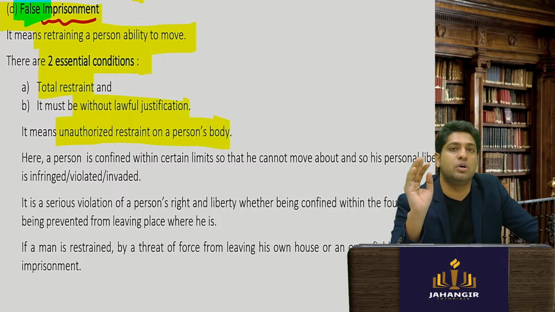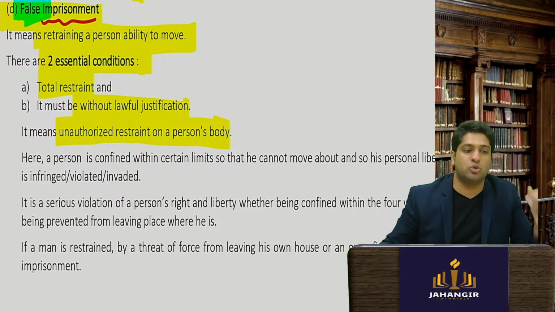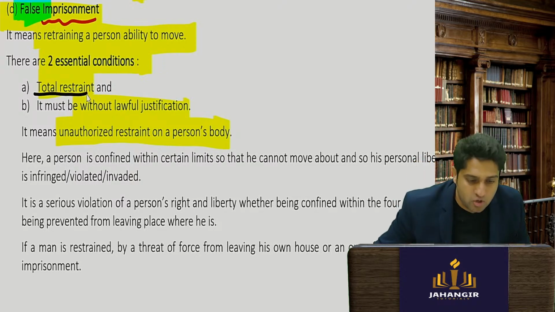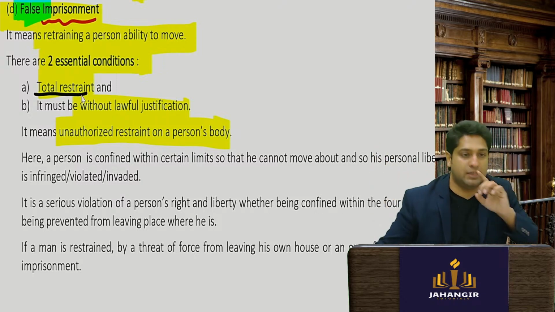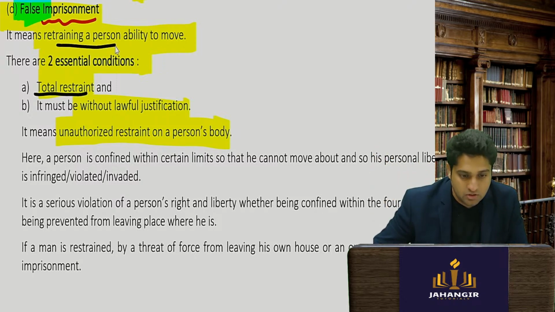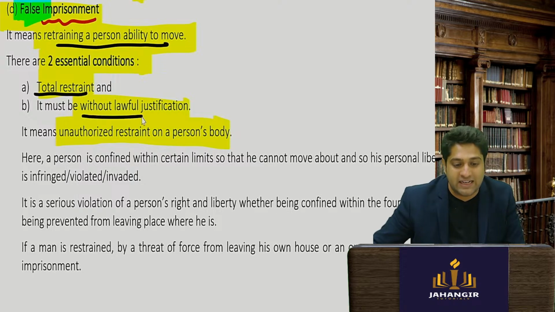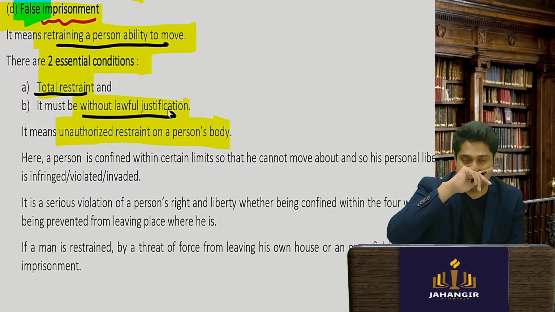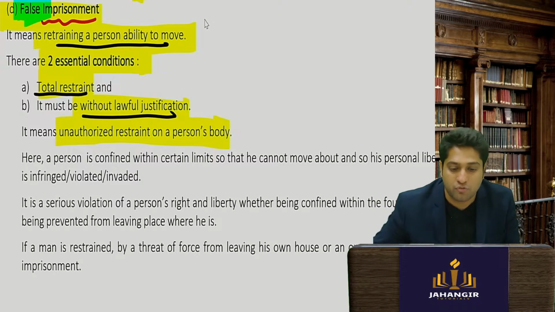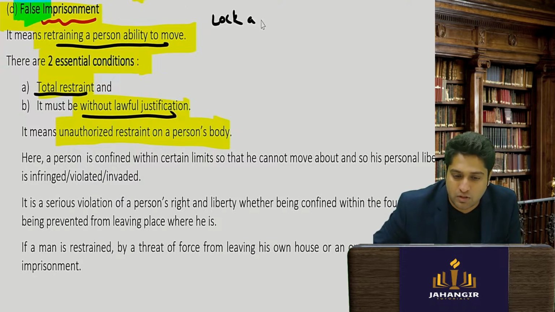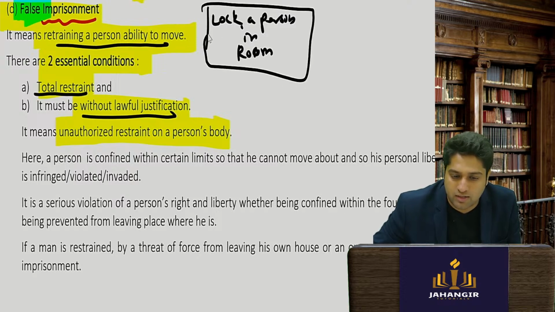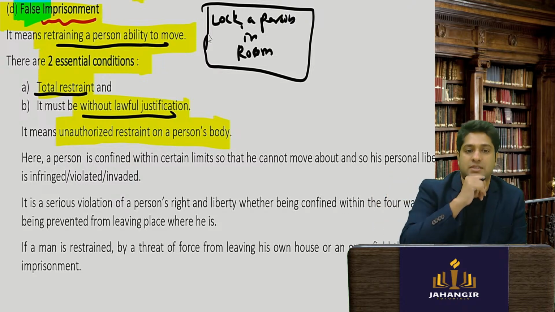Here you restrict a person, total restraint of a person to move in any direction without lawful justification. For example, you lock a person in a room. This is called false imprisonment.